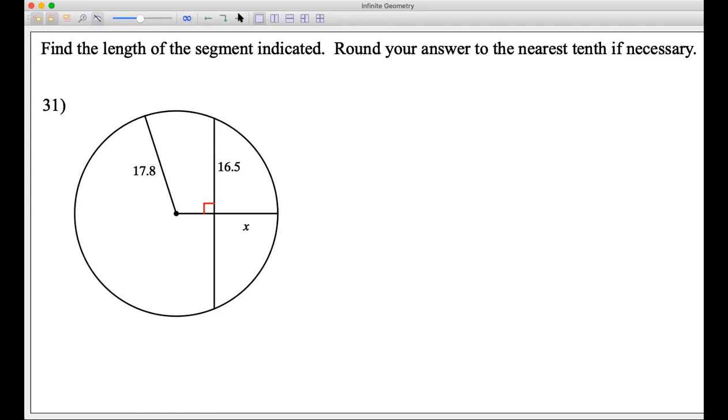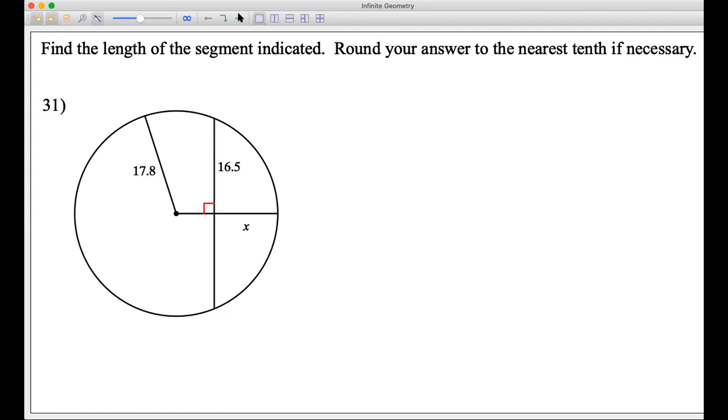Where's your calculator? I don't have a calculator. Oh, you're going to have to do it. 17.8 squared minus 16.5 squared. I'm going to take the square root of that, and subtract that from 17.8.